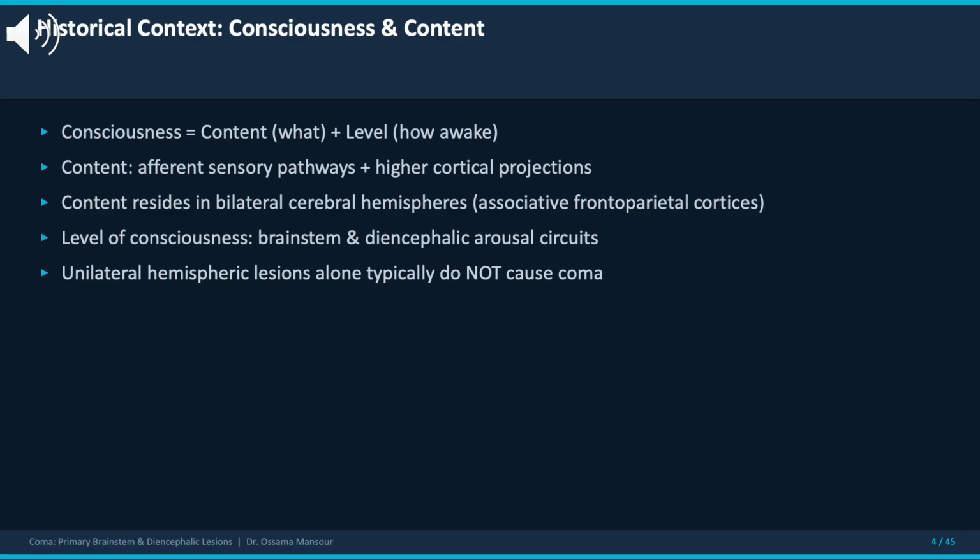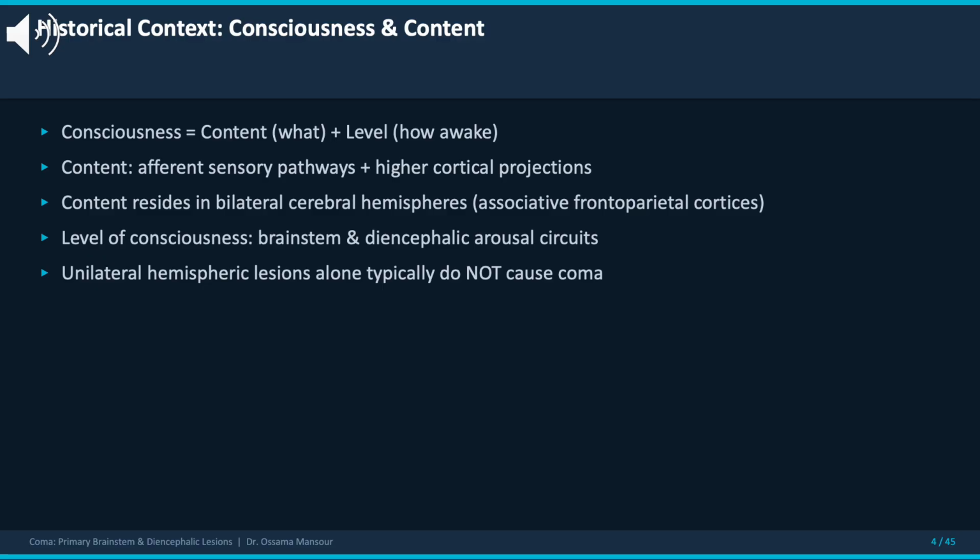This includes the function of afferent sensory pathways that bring information into the nervous system, as well as higher cortical projections that accommodate perception and generate appropriate physiological or affective responses. The content of consciousness resides primarily within the function of the bilateral cerebral hemispheres, and more specifically within associative cortices located in the medial and lateral aspects of the frontoparietal hemispheres.